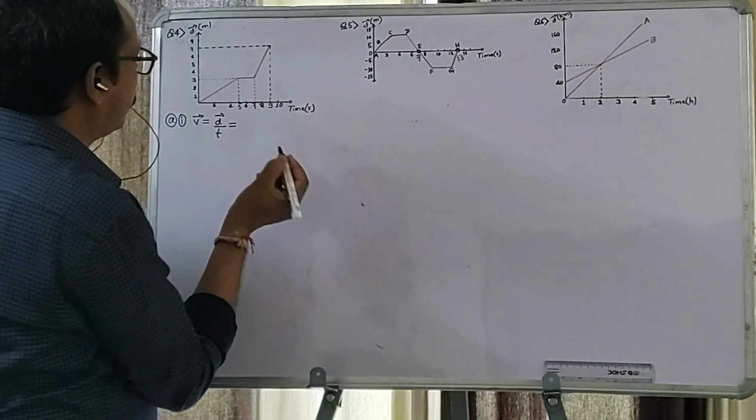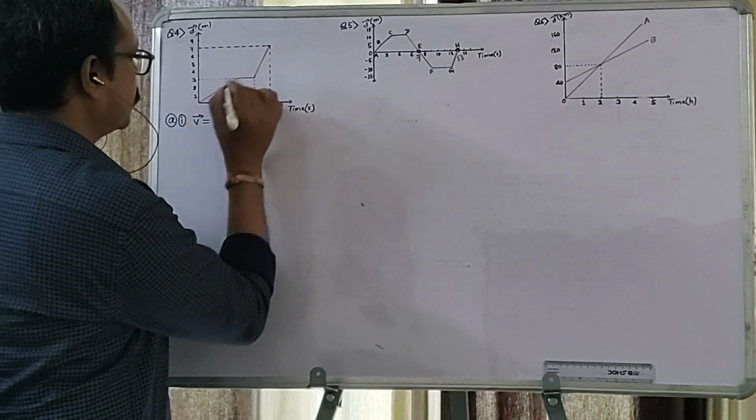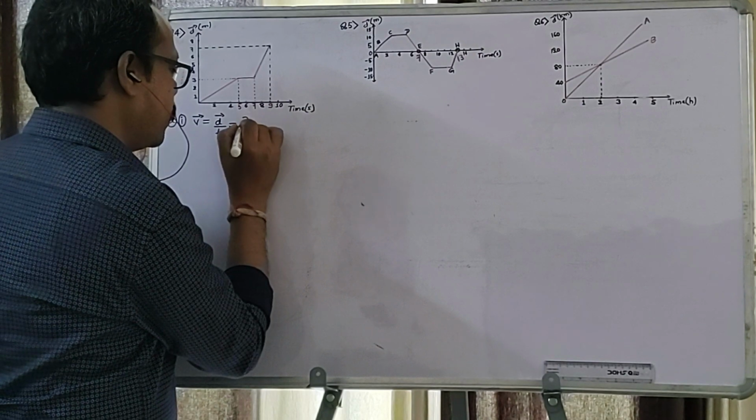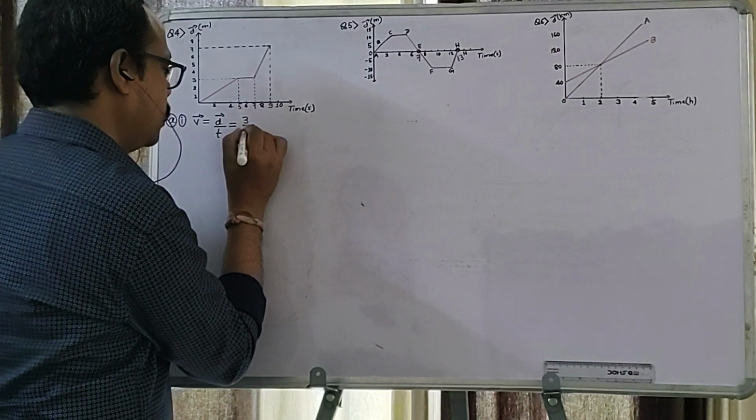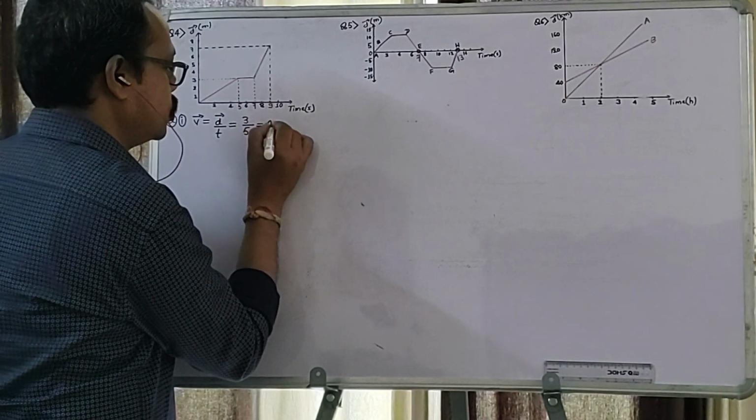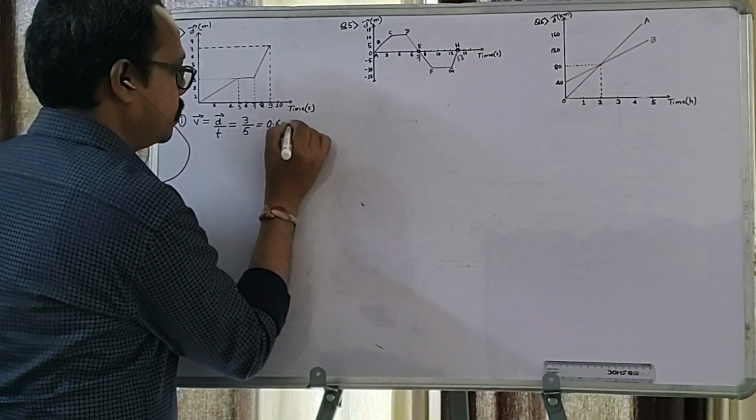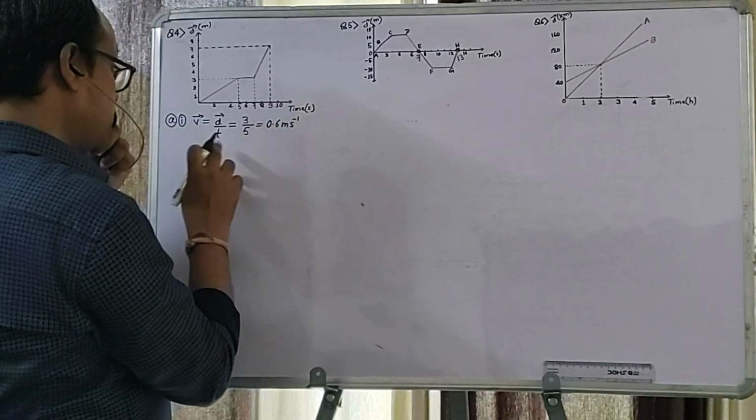What is the displacement in 5 seconds? 0 to 5 seconds, it is 3. And what is the time? 5. What is the velocity? 0.6 meter per second. The velocity is positive.